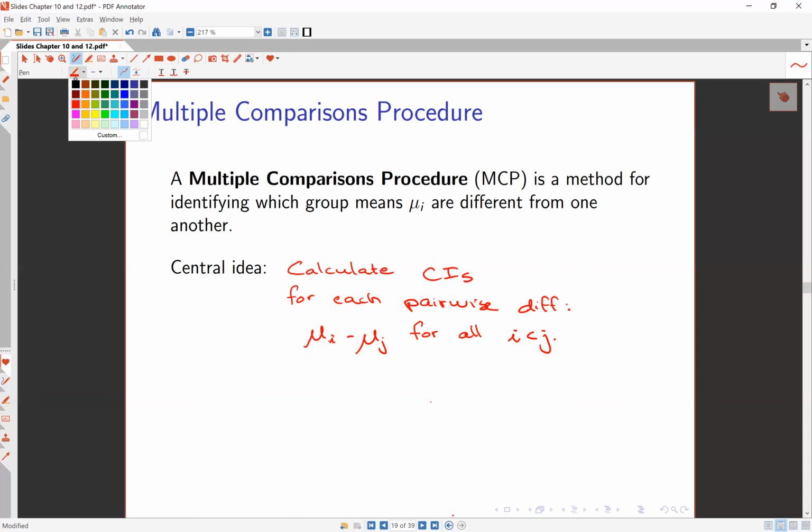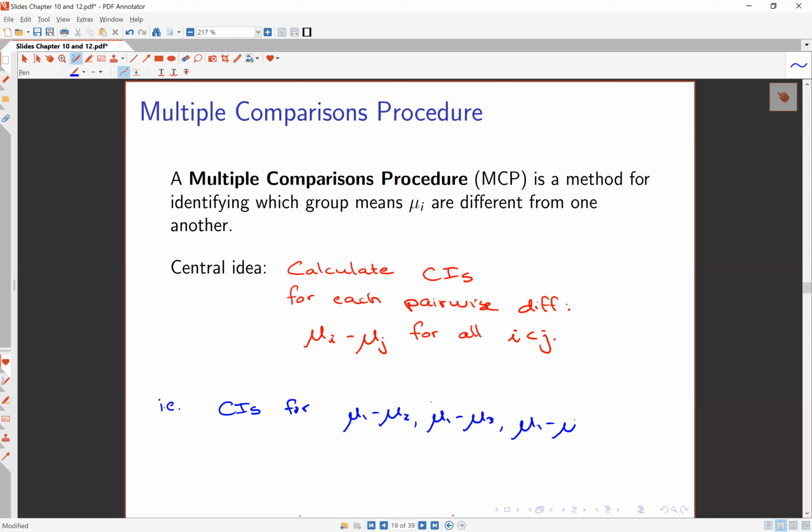In other words, if I start writing that out specifically, what we would want is confidence intervals for mu1 minus mu2, mu1 minus mu3, mu1 minus mu4, however many groups you have. We would not do mu2 minus mu1 because that information is already contained in the interval for mu1 minus mu2. So we'd pick up mu2 minus mu3, mu2 minus mu4, and keep going with all possible pairwise confidence intervals.